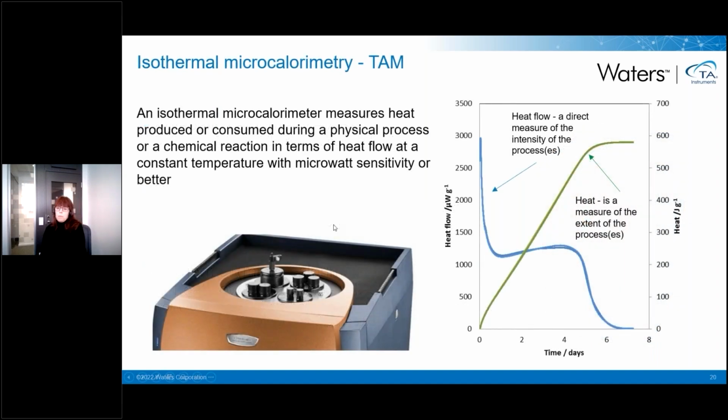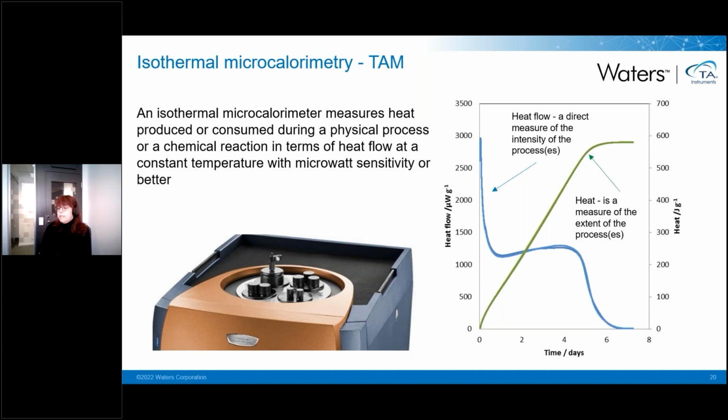Isothermal microcalorimetry is a technique that measures the heat produced or consumed during a physical process or chemical reactions, in terms of heat flow at a constant temperature, with microwatt sensitivity or better. If we look at the graph here, the blue curve is the normalized heat flow data, and it's a direct measure of the intensity of the process under study, because we measure everything that goes on in the sample.